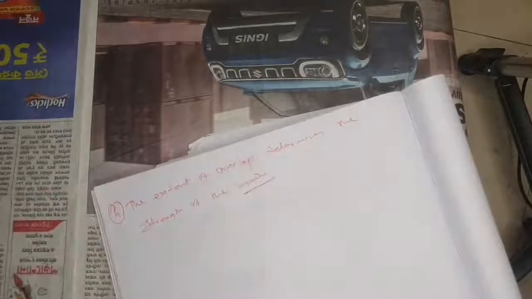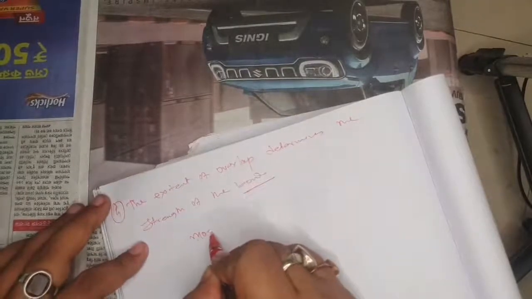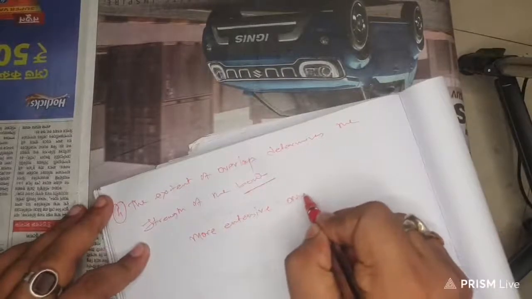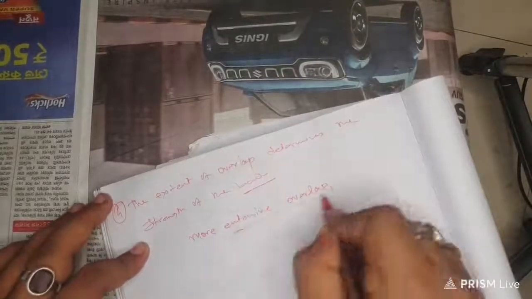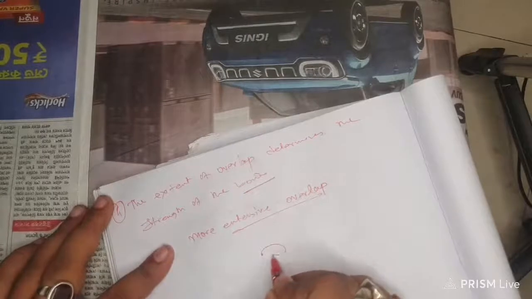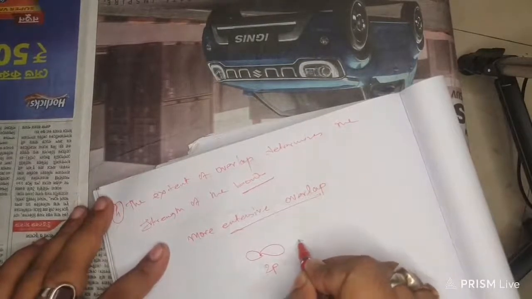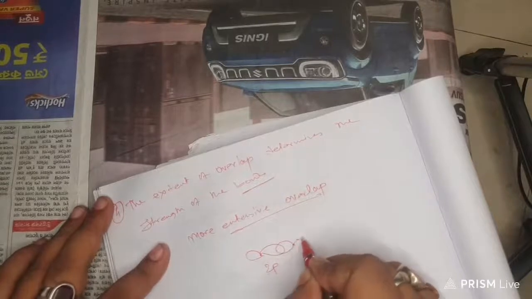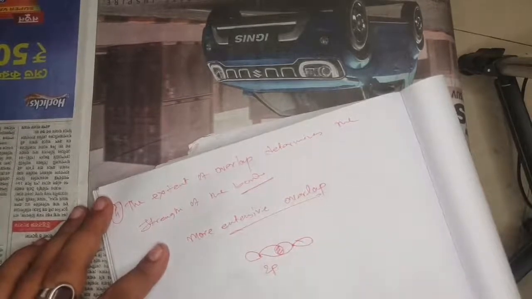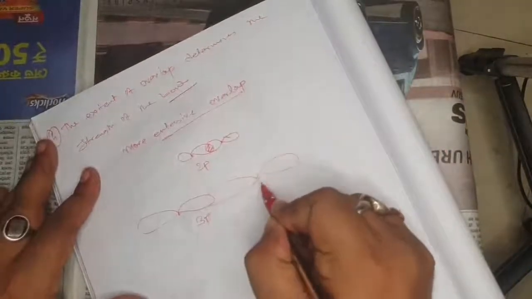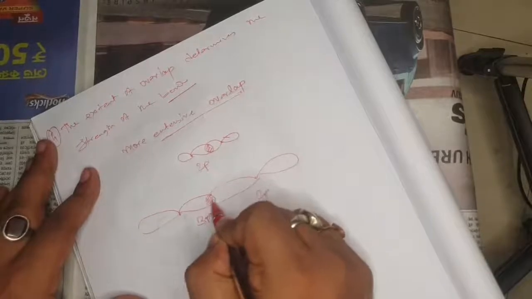Obviously, what is the reason behind this? If there is more extensive overlap, then suppose for example this is a 2p orbital, this is another 2p orbital. A 2p orbital is smaller. Suppose there is a 3p orbital and another 3p orbital which are bigger. In that case the extent of overlap is small.